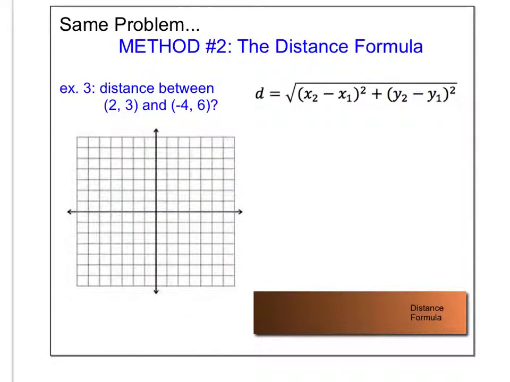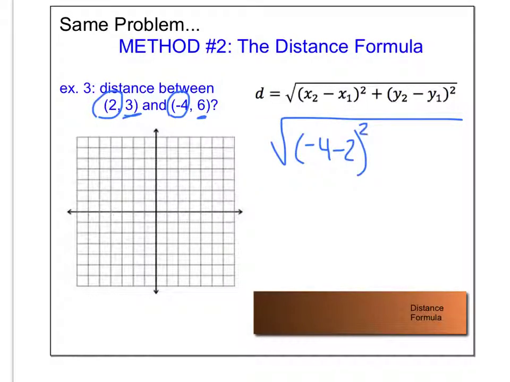So the distance formula is the same thing. We're really just plugging in all of our variables. I will go over this particular formula with you so that you have a better idea. Your x's just come from the 2 and negative 4. Your y's are the 3 and the 6. So if we plug this in, you've got negative 4 minus 2 squared plus 6 minus 3 squared.